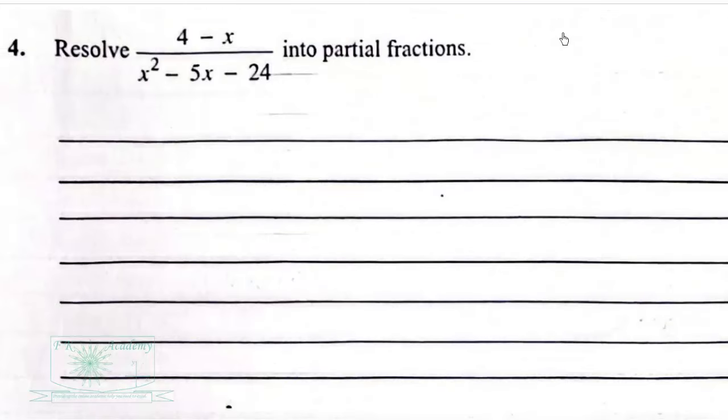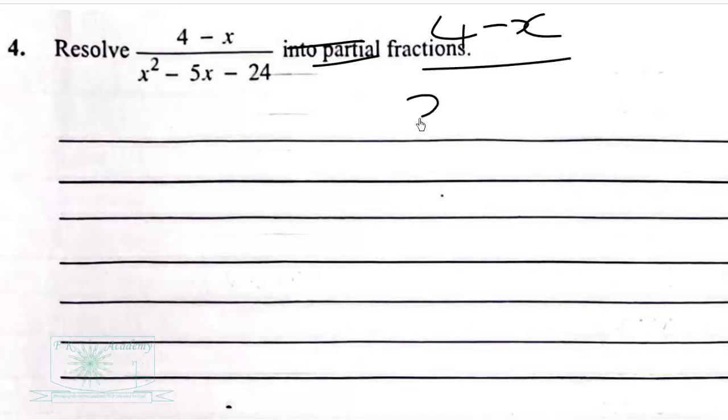Question 4. Let's resolve these to partial fractions. So this is actually equal to 4 minus x over x plus 3 into bracket x minus 8.